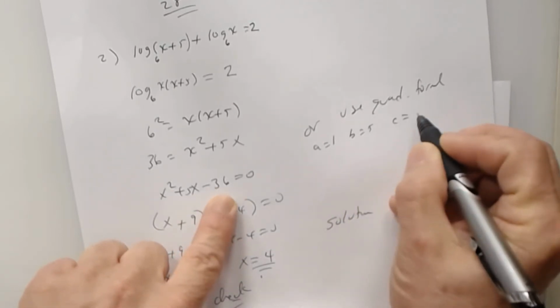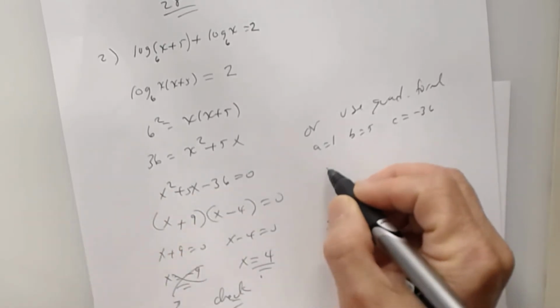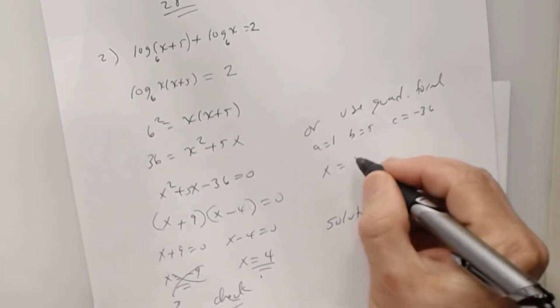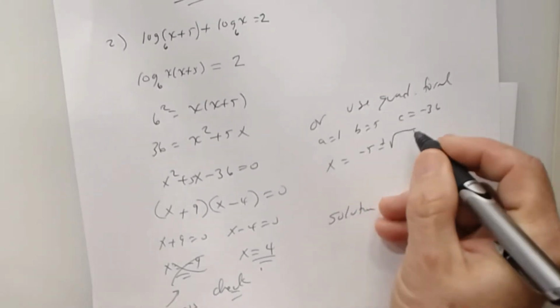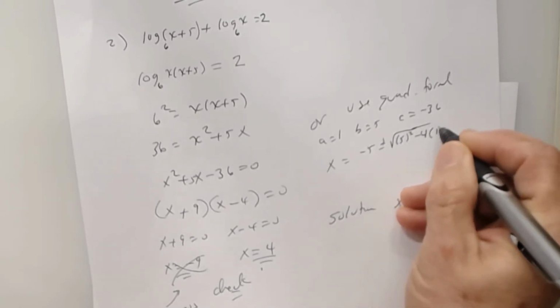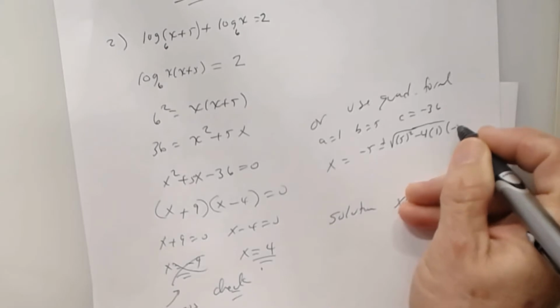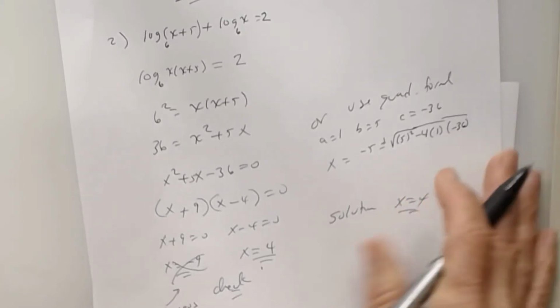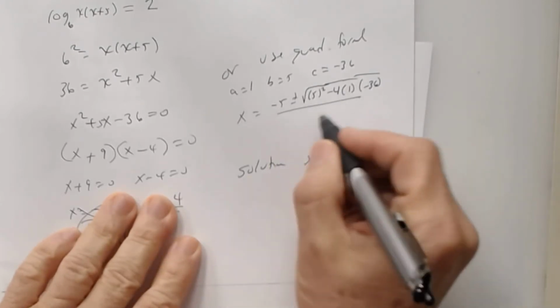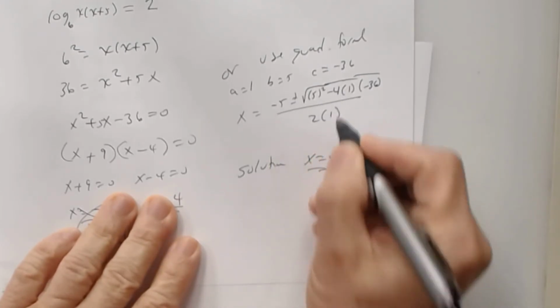And what's C? All right, so the quadratic formula says x is going to be the opposite of b. What's the opposite of b? Plus or minus the square root of b squared, so that's 5 squared, minus 4 times a times c, all divided by what? 2 times 1.